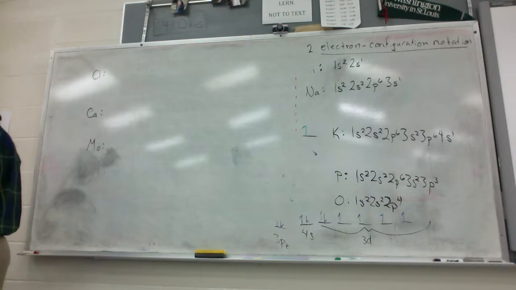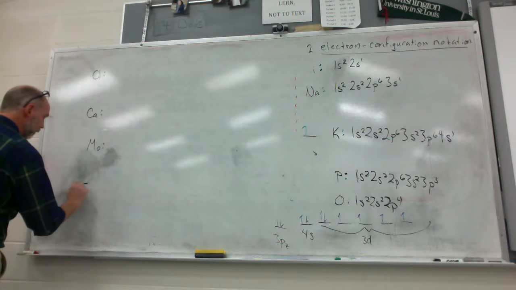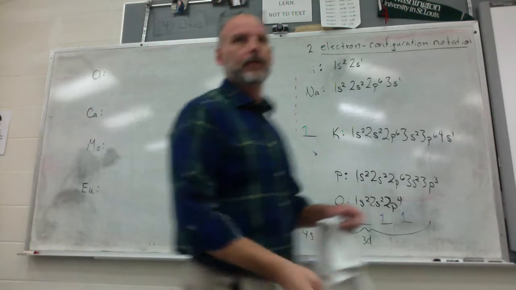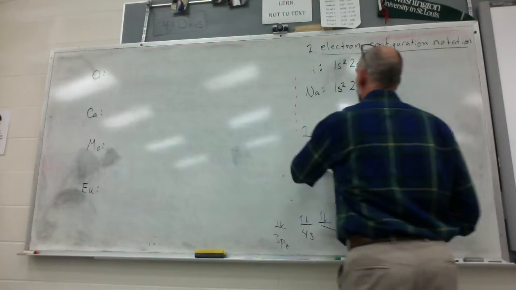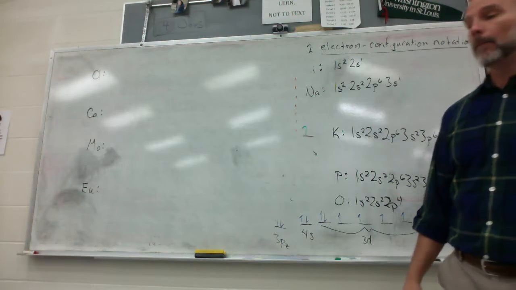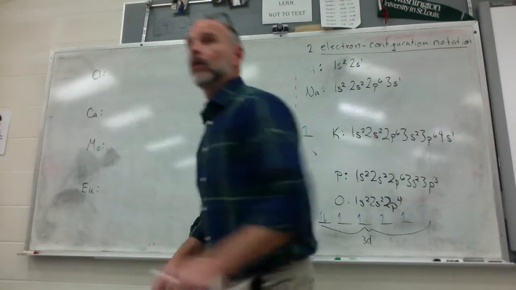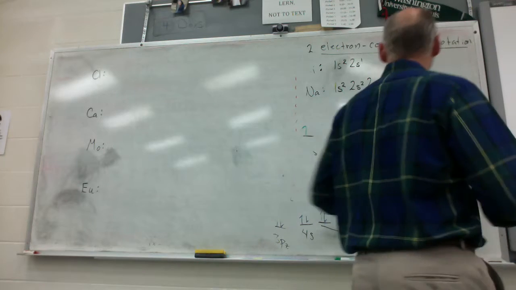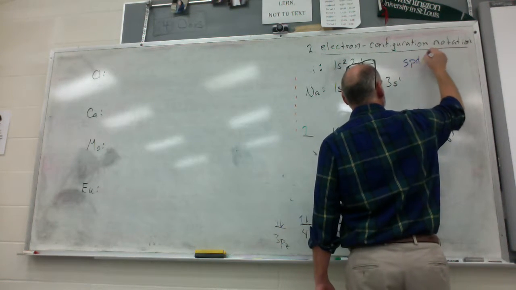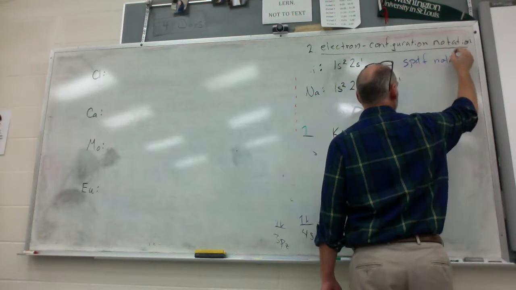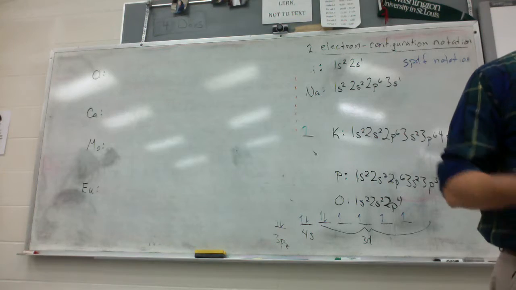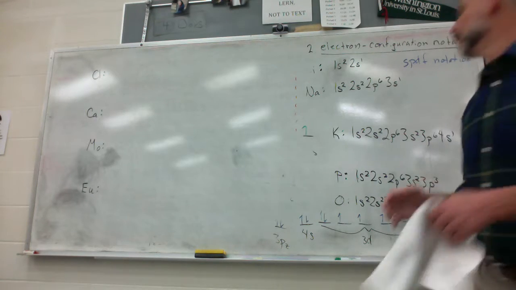And just because we need to, we're going to go ahead and do europium. All right, there we go. Do electron configuration notation for these. By the way, the old phrase for this used to be called SPDF notation. Wonder why. Anyway, just saying.